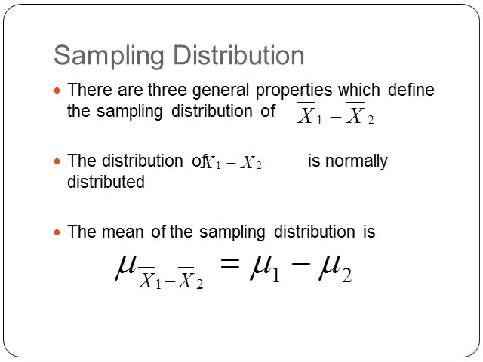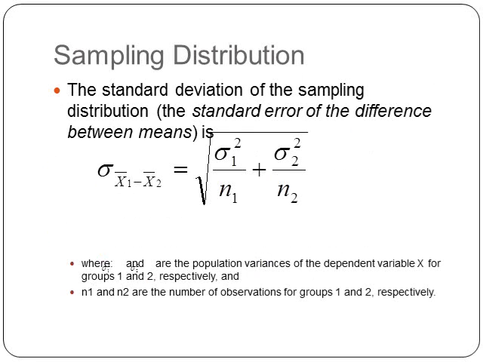So we expect the mean of the sampling distribution of the mean to be equal to mu1 minus mu2. And then the deviation, or the standard error of the difference between the means, is also proportionate to the two values. So now the standard error of the difference is equal to the square root of the variance of population 1 divided by the sample size for that one, plus the population variance for sample 2 divided by the sample size for sample 2.